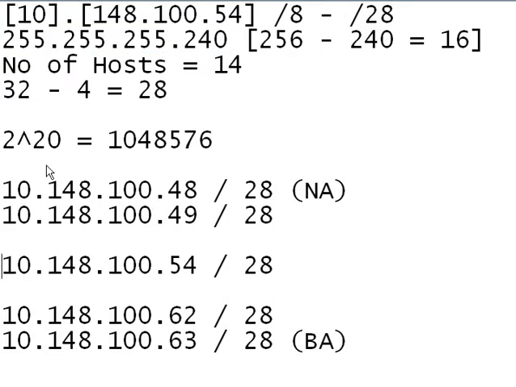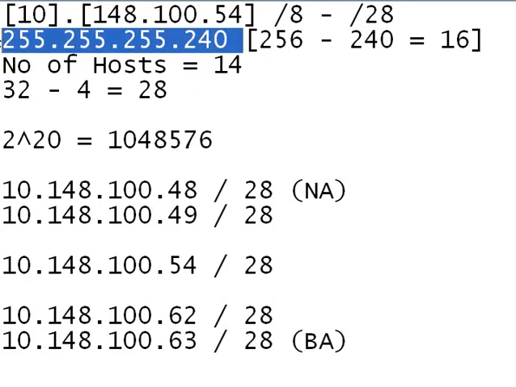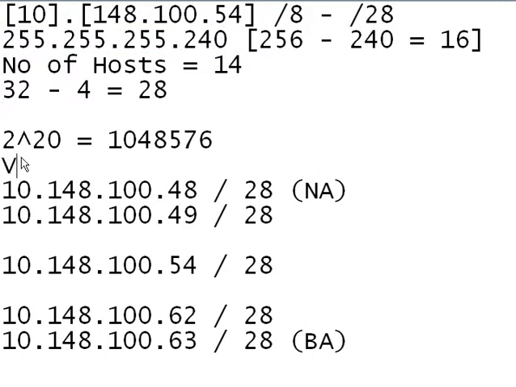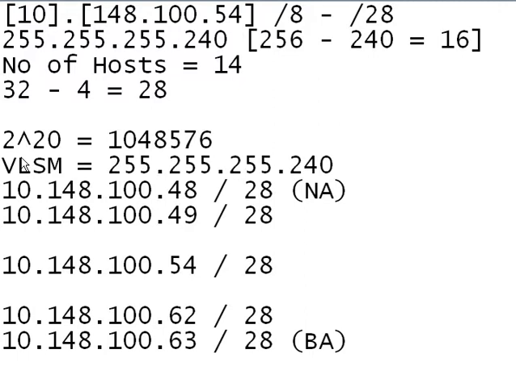This is the broadcast address. This is the first IP, and this is the last IP in this subnetwork. So that's how we calculate different subnetworks. This is the initial network address, and after that we set the subnet mask and create different subnetworks.